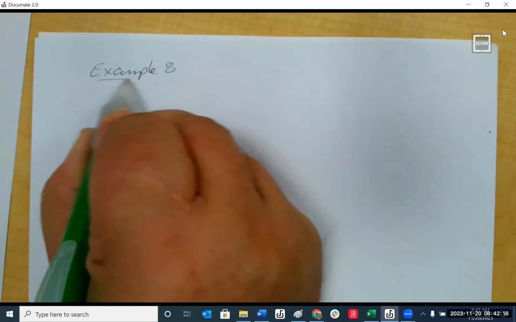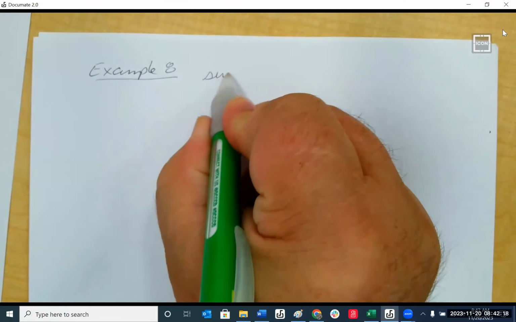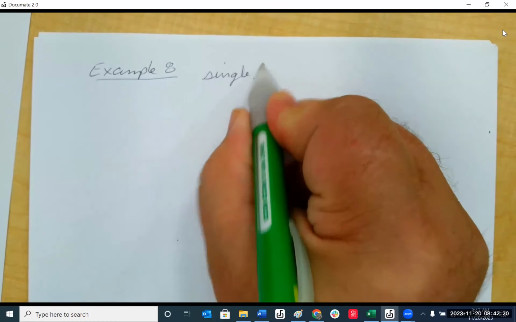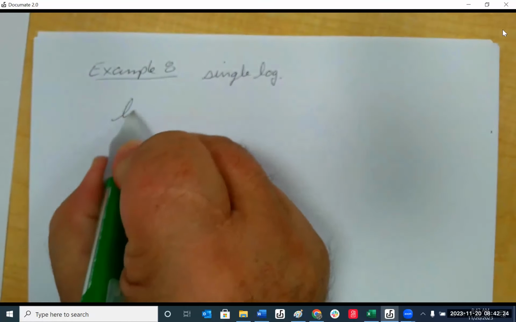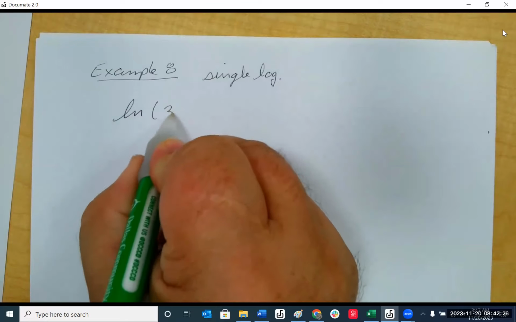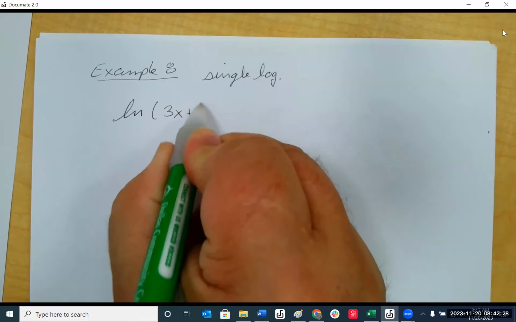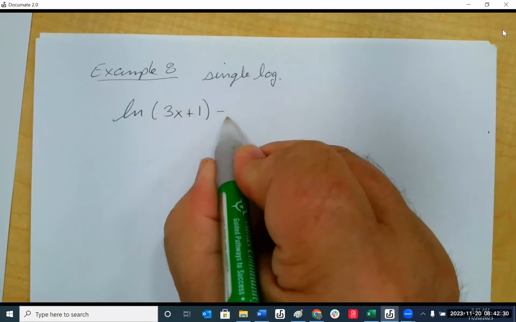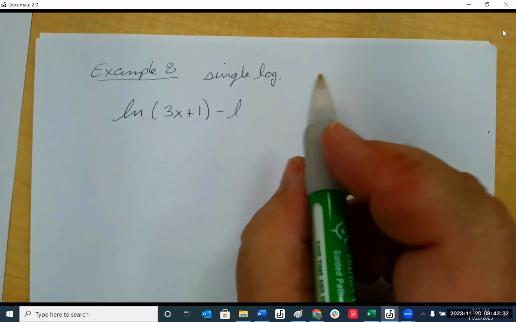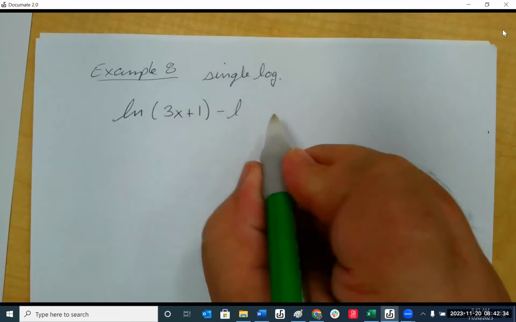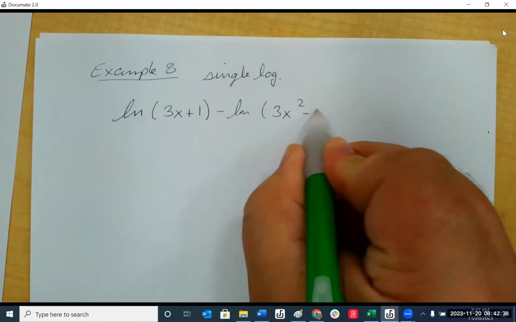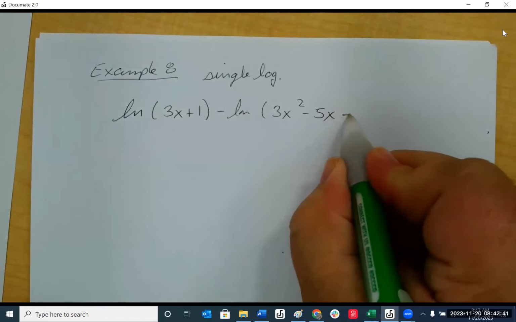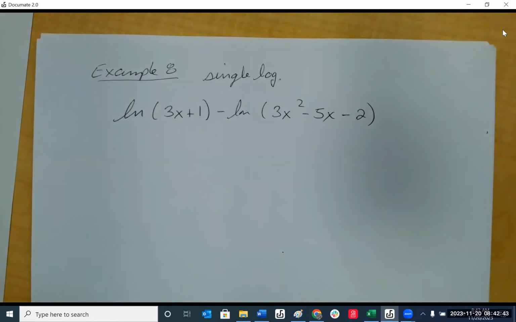Example 8. As a single log: ln of 3x plus 1 minus ln of 3x squared minus 5x minus 2.